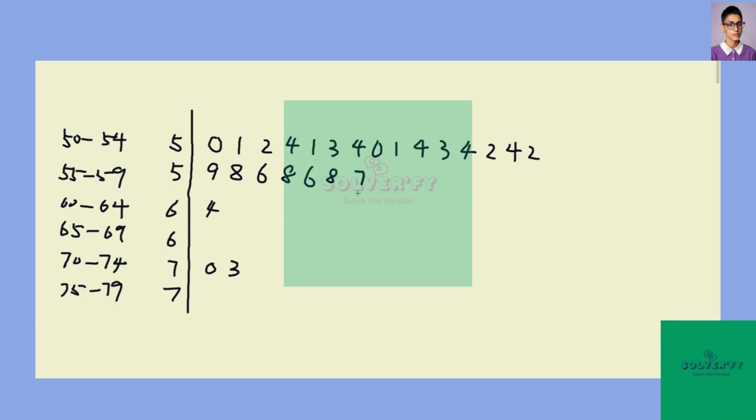Okay, let's move on to the fifth row. It starts with 50, then 60, then 56, then 50. Then 66, 54.